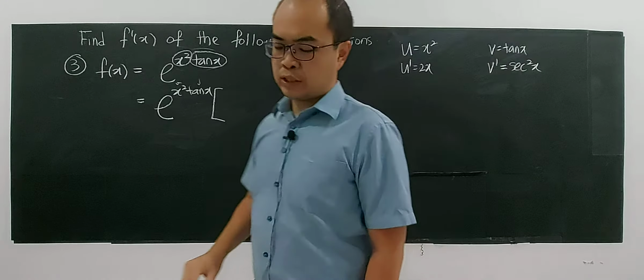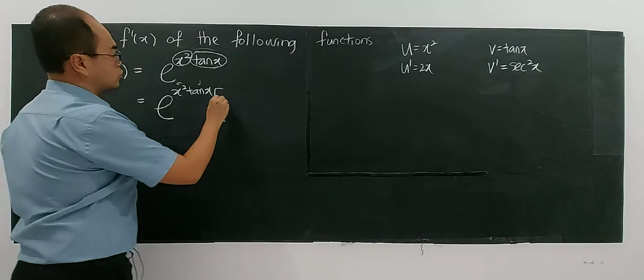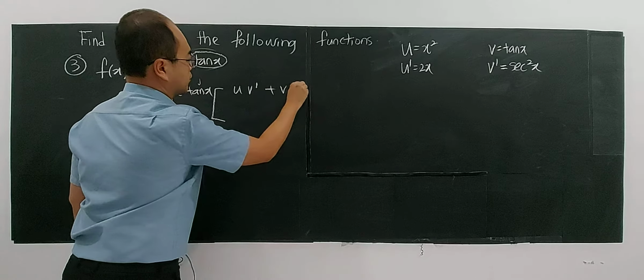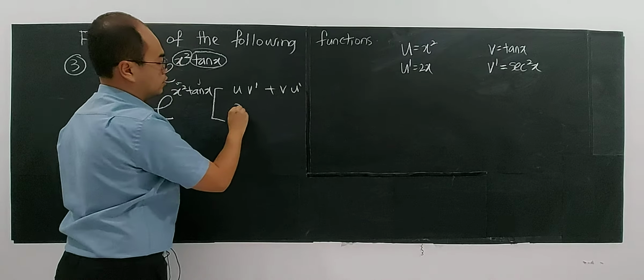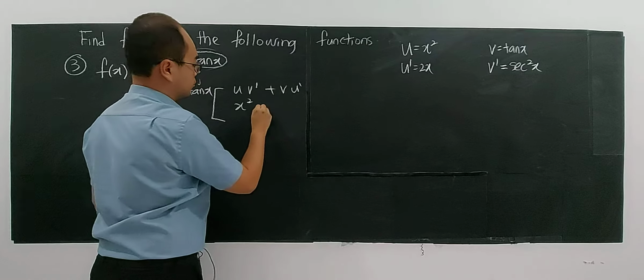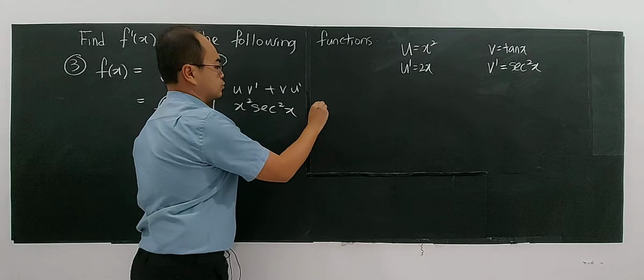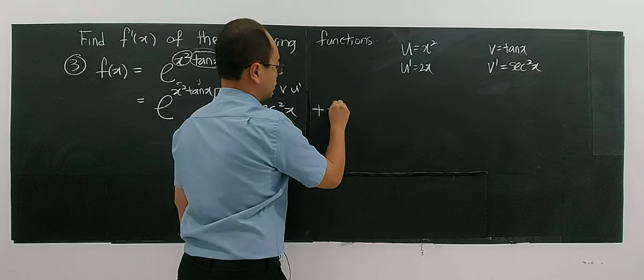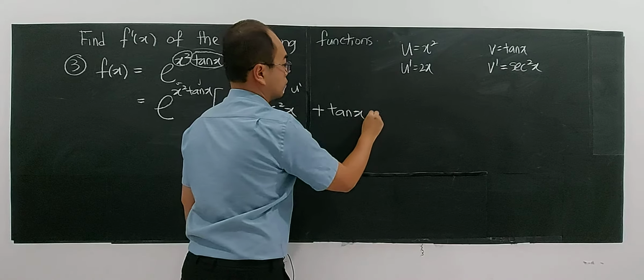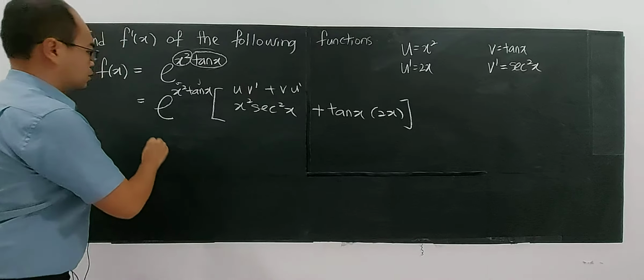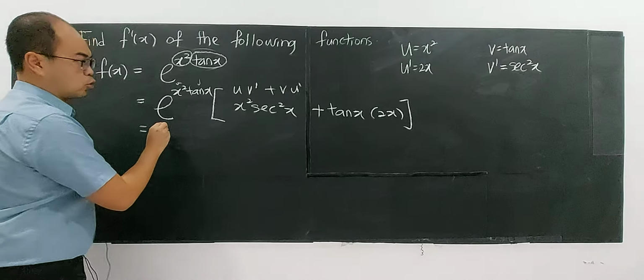So now I'm differentiating the power. So u v prime plus with v u prime. So u x square, v prime secant square x, right? Plus with v, u prime 2x. So then I think I just copy back everything.